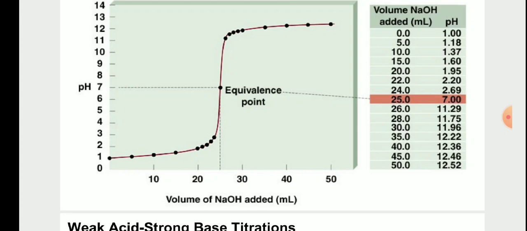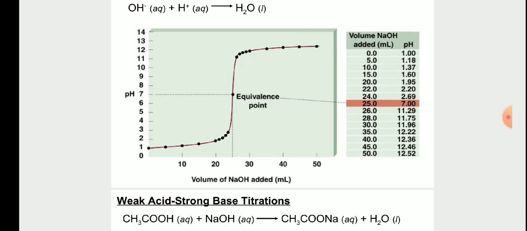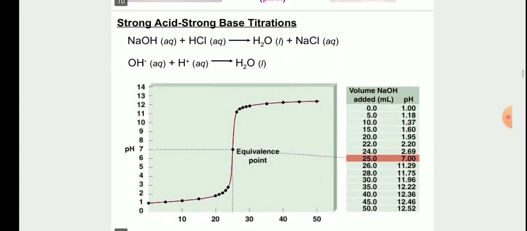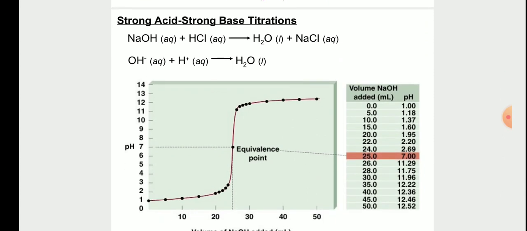Why is this type of jump happening? Because if you consider this reaction, OH and H plus form H2O. Now suppose you are taking an acidic solution, so in your solution mainly H plus is present, no question of OH minus. Now you are adding OH minus, so it will form water.